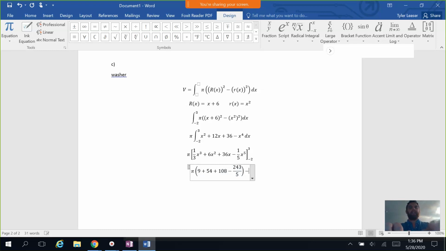Okay, that minus the pi on the outside and then plugging -2 into all of this stuff. Great. And then just add all that stuff together.